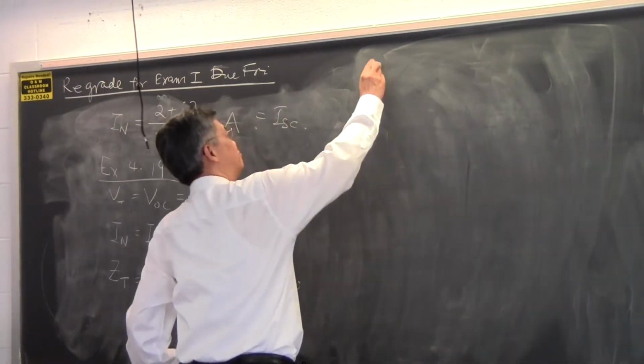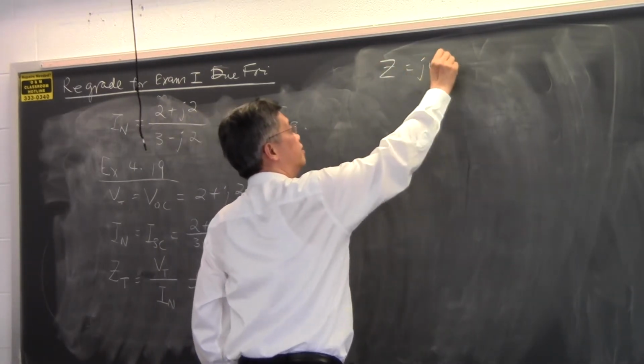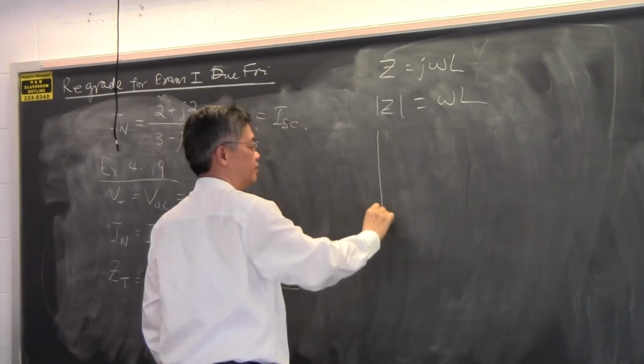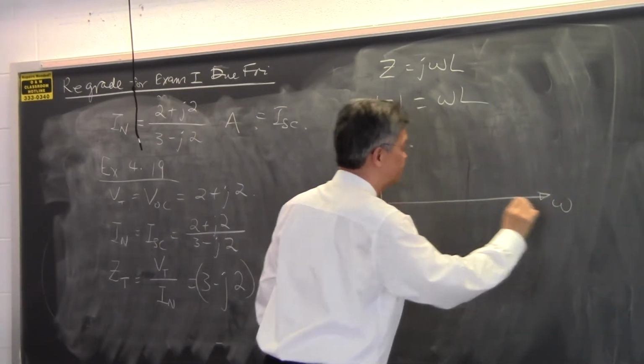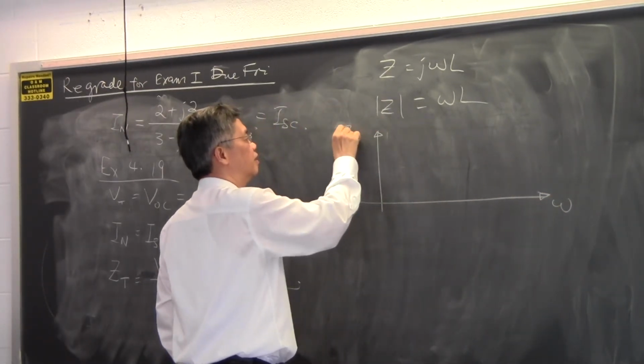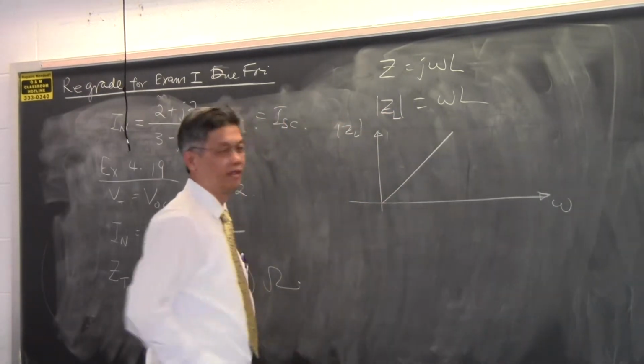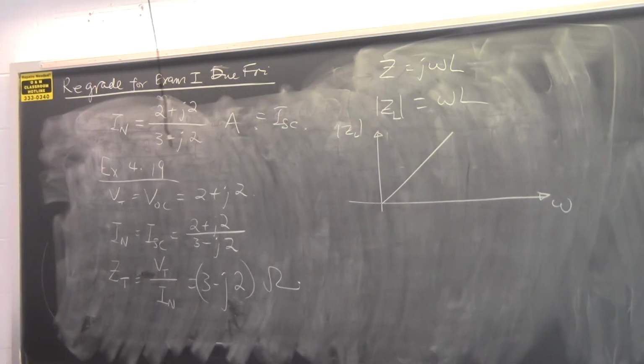So if you look at the impedance of an inductor, and if you look at its magnitude, it is this one. So if you plot it as a function of frequency, it goes like that. The impedance increases as the frequency increases, which means that it's harder and harder to send a current through an inductor as the frequency increases.